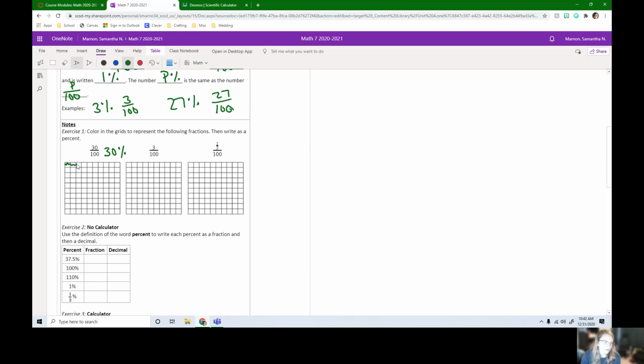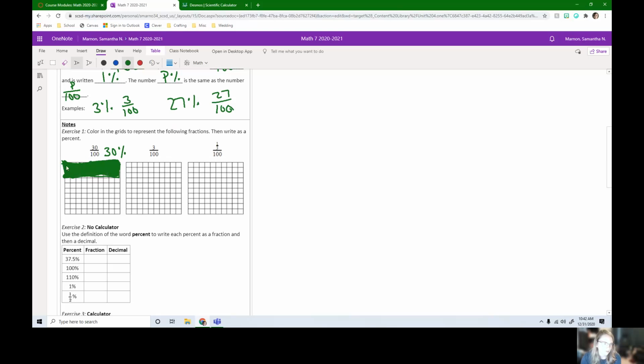So let's do, here's 10, first row, 20, the second row, and then 30, the last row. So these first 3 rows, here is my 30%.